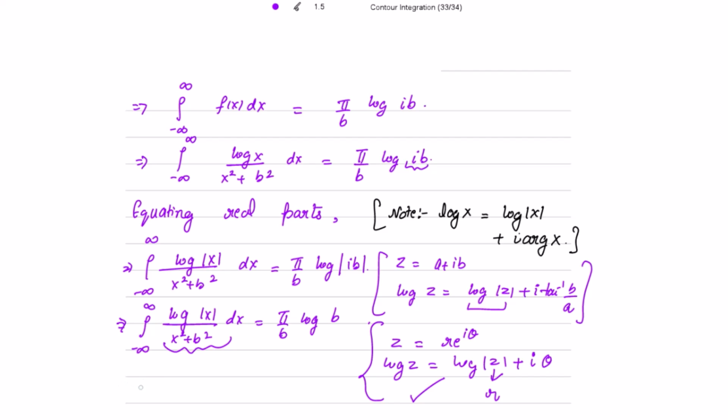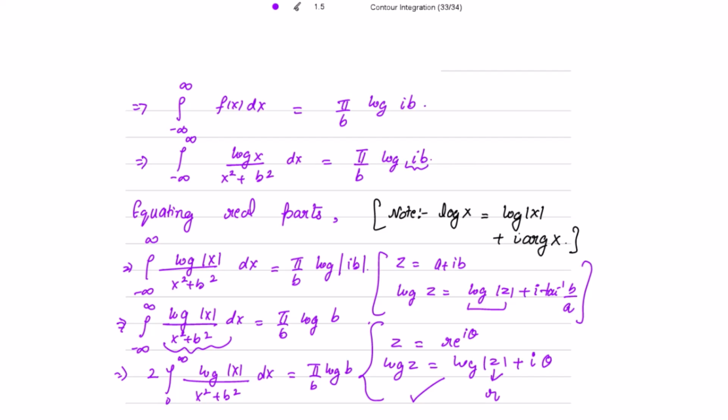So this becomes, because this is my even function, from 0 to infinity twice, right? So this is twice the integral from 0 to infinity of log of mod x over x square plus b square dx equal to pi over b log of b.